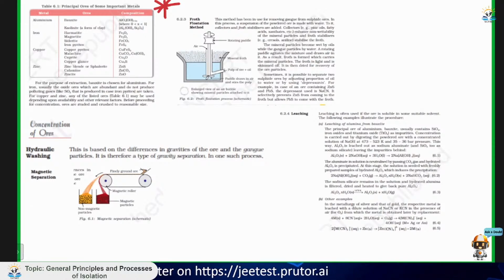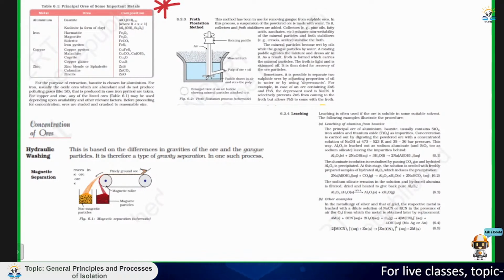Highly acidic or basic mediums. In case of alumina, you're gonna need a highly basic medium because alumina is amphoteric and partly acidic ore. Alumina itself is amphoteric. The aluminate in the solution is neutralized by passing CO2 gas and hydrated Al2O3 is precipitated.